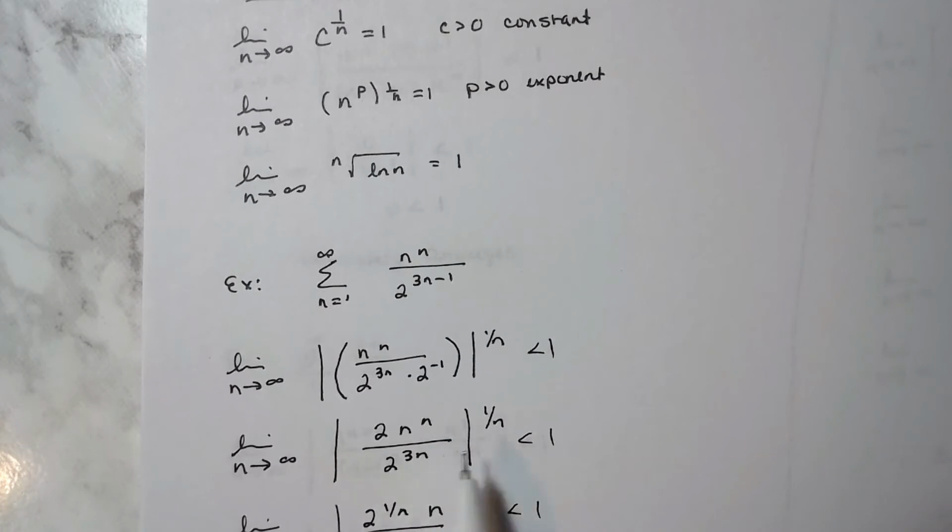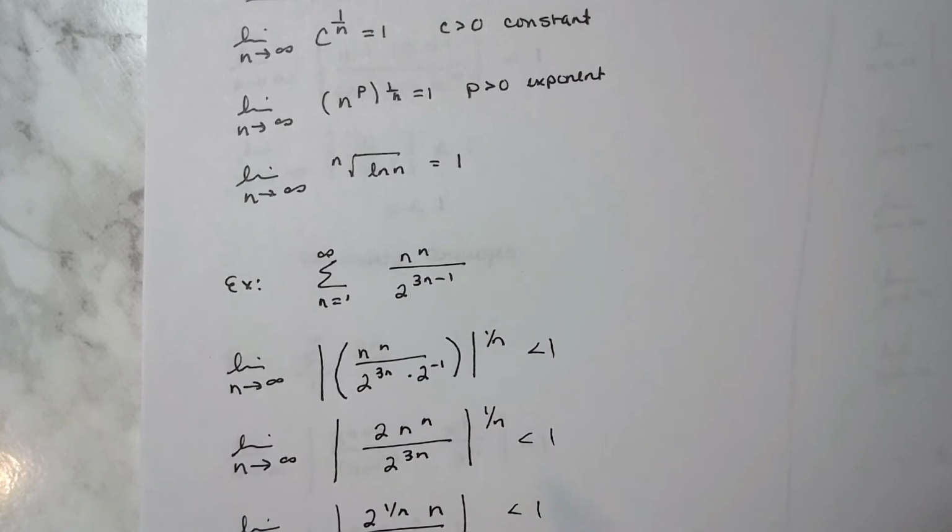Now I'm going to go ahead and bring this 1 over n in, and remember I have to do it for the constant multiples and for anything raised to the n. So I get 2 to the 1 over n times n over 2 cubed, which is 8. And this is 2 to the 1 over n times n over 8.